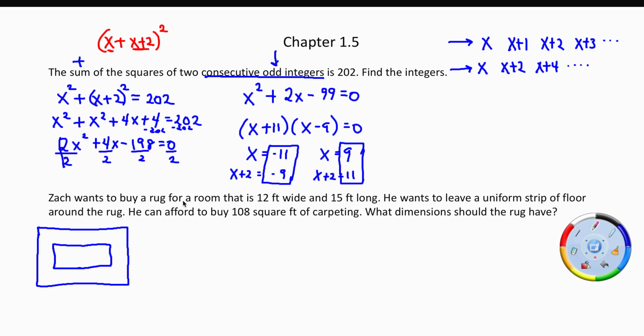And we know that the room is 12 foot wide and 15 foot long. Okay, and we don't know how much this is, but he wants it to be uniform. So whatever it is, it's going to be the same distance from the wall to the rug all the way around.